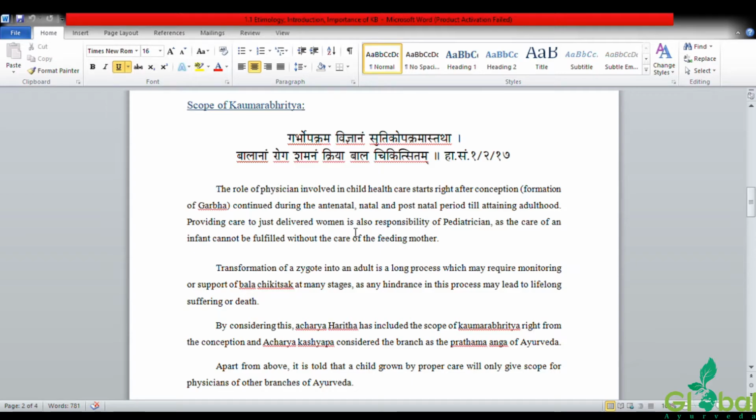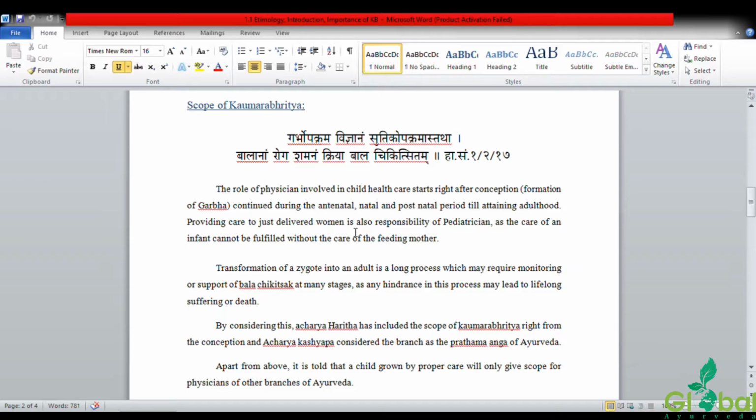When the Bala develops into adulthood, only then can we go into other stages where we can learn different stages of life and treat accordingly.